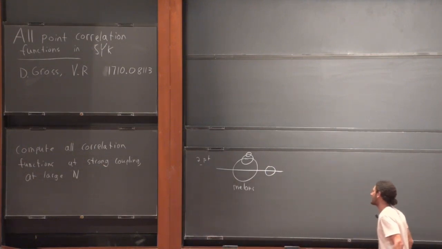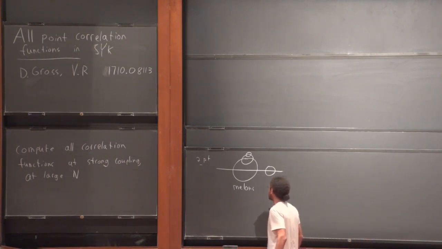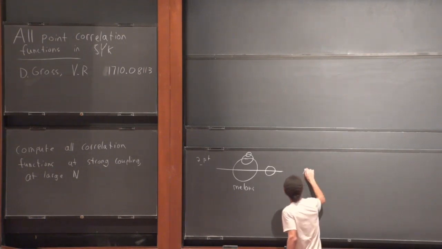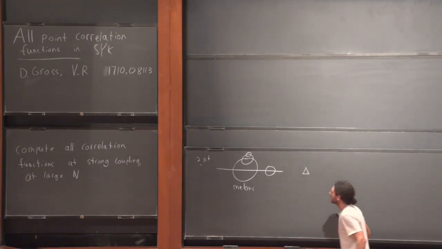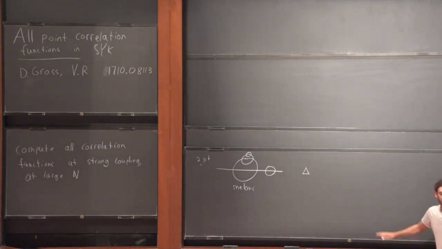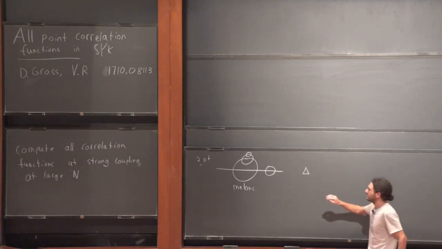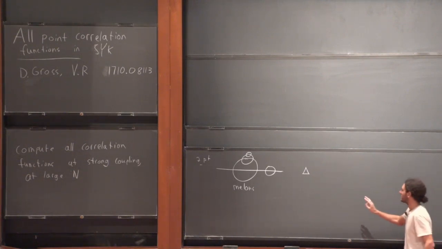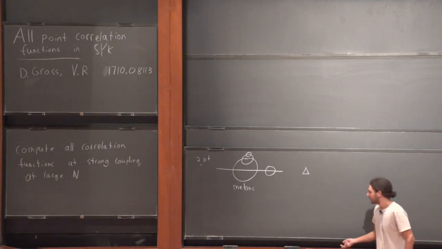We sum all these melon diagrams, and what we find is that in the infrared, we have a CFT two-point function where the fermion dimension is delta. Delta is 1 over q, and for the picture, q is equal to 4. So after we've established this, to proceed further with the higher point correlation functions, we don't care anymore that we sum melons. We just need to know that we have a CFT two-point function, and then we can proceed.